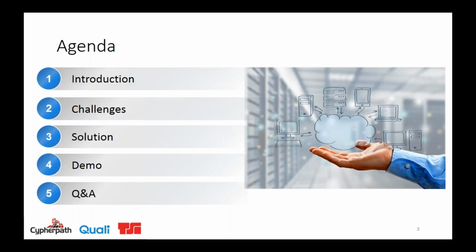We will then present an overall solution to easily design automated cyber threat and security test environments that are agile to evolve and modify, that support secure multi-tenancy, and can be deployed rapidly. We will also demo the solution for you. We will then end with some Q&A, so do be prepared with questions for us.